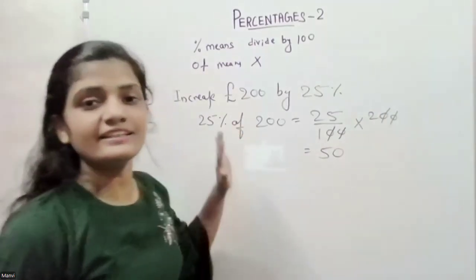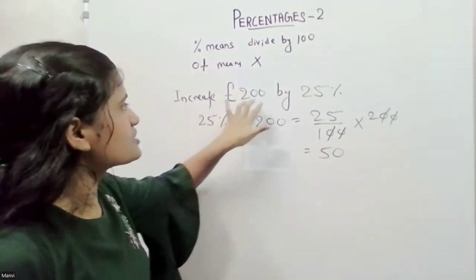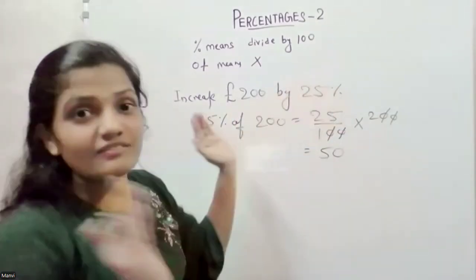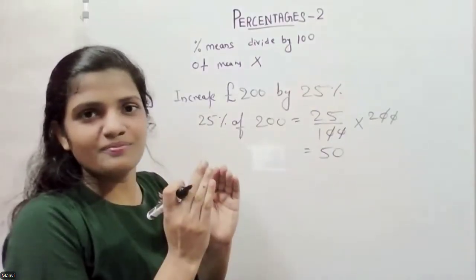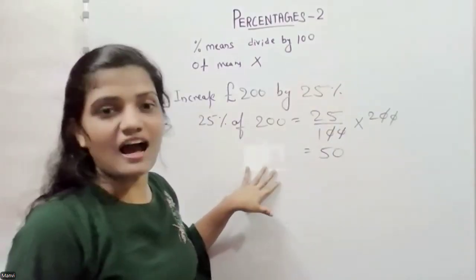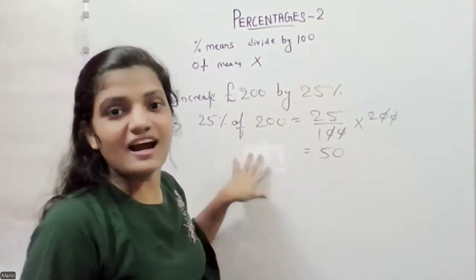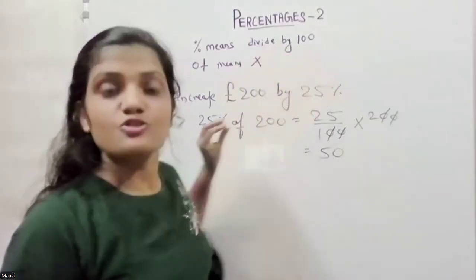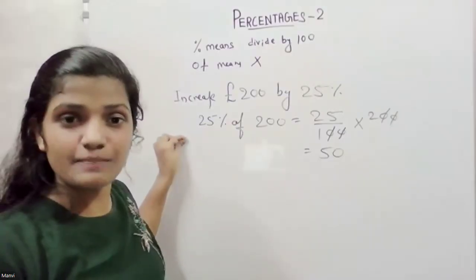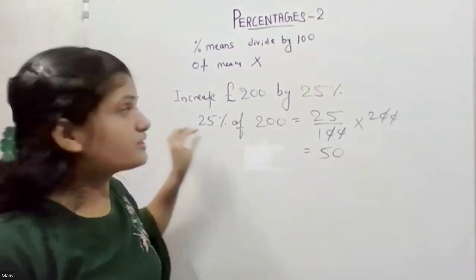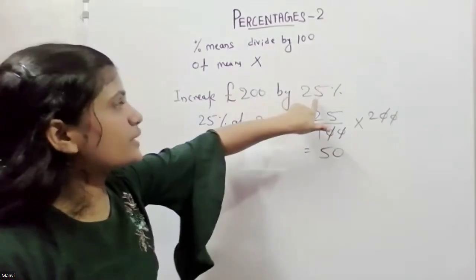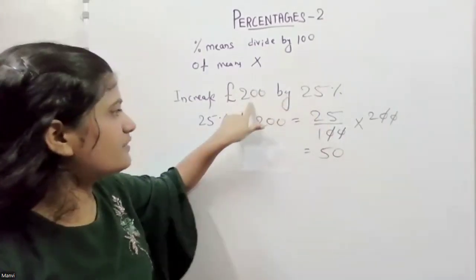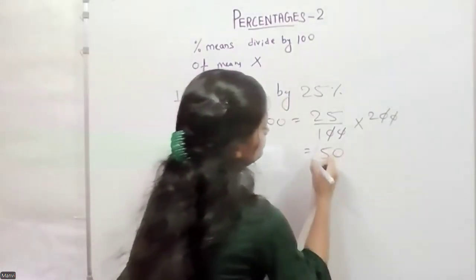When we are younger, if they ask us to increase 200 by 25 pound or 20 pound, then we just add those two. But this time, they didn't ask that way. They asked to increase 200 pound by 25%. So the first step is to find out what 25% of 200 is. The 25% of 200 pound is 50 pound.